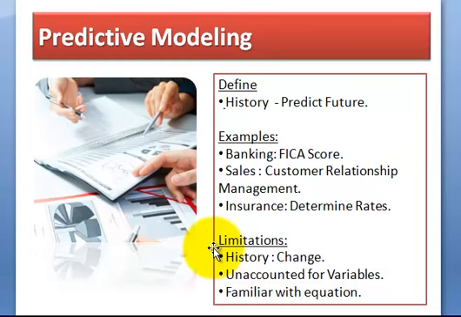Now, before we go on, we ought to talk a little bit about some of the limitations of predictive modeling. First of all, history is a great predictor of the future, but sometimes things and people and events or the underlying factors change.